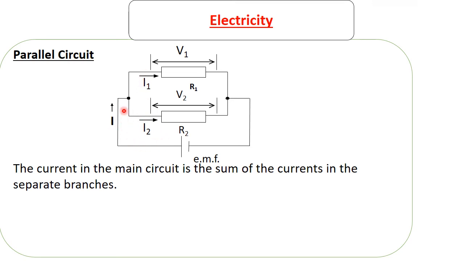So this current, when it comes here, it divides. Part of it goes this side, part of it goes this side, but here it reunites and passes through the battery. So the current through the battery is the same current that comes here, but here they divide. So that's what this point means: the current in the main circuit is the sum of the currents in the separate branches. So current is equal to current 1 plus current 2.